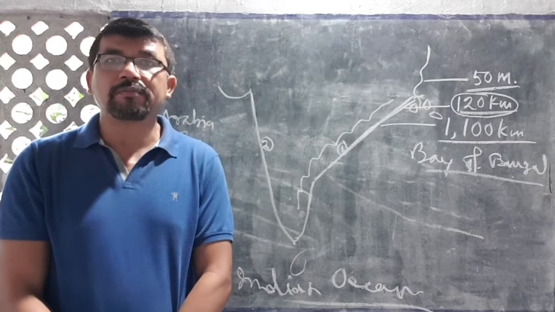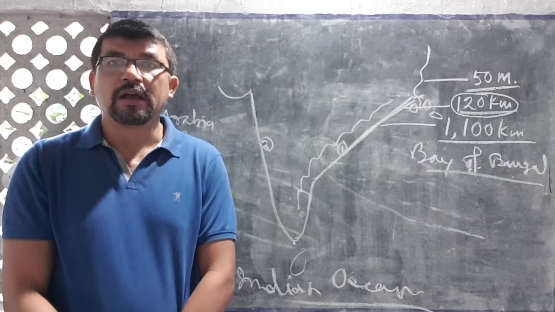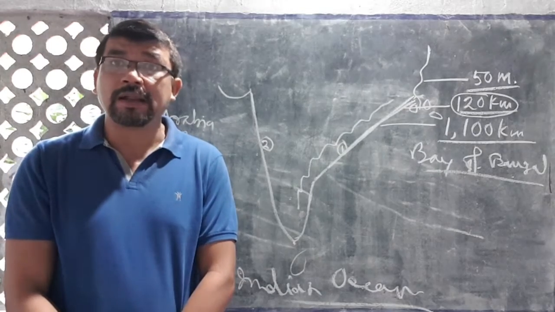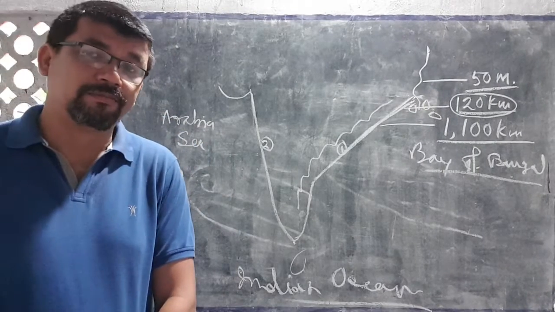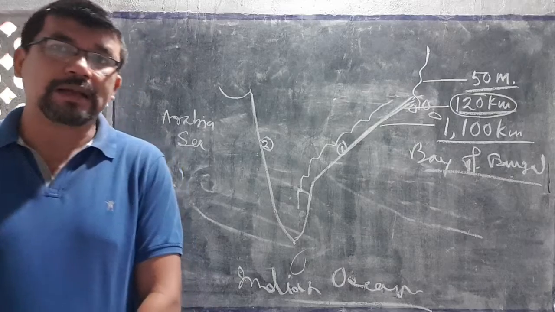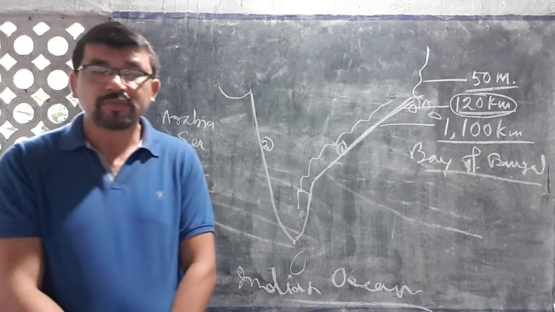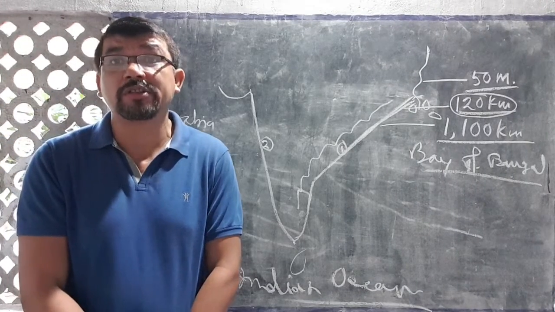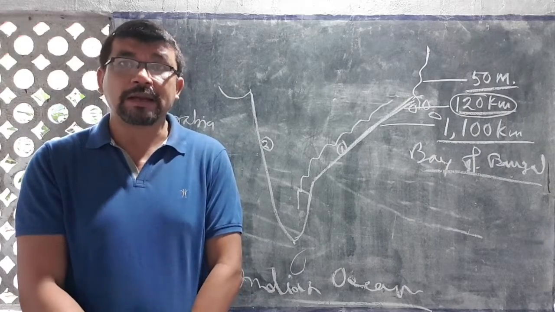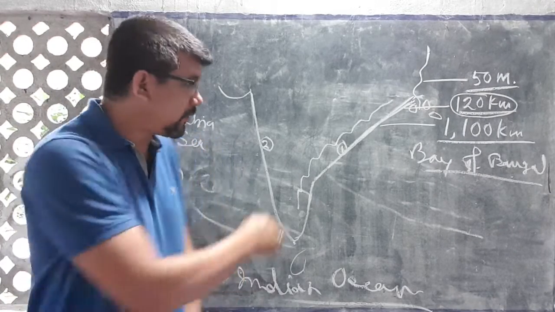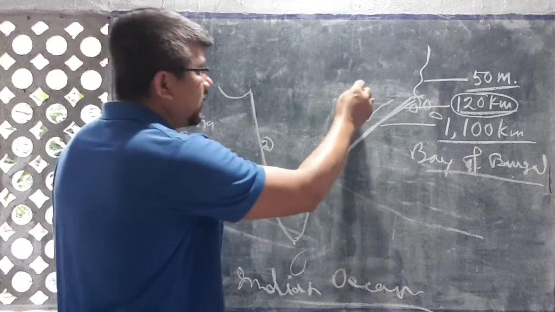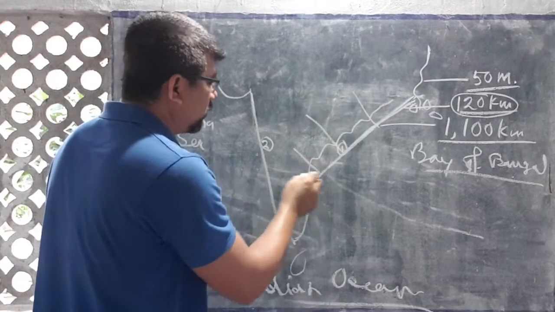This Eastern Ghat Mountain is not a parallel series of mountain. That means the mountain is not a continuous series of mountain. It is dissected by different rivers of Deccan Plateau.